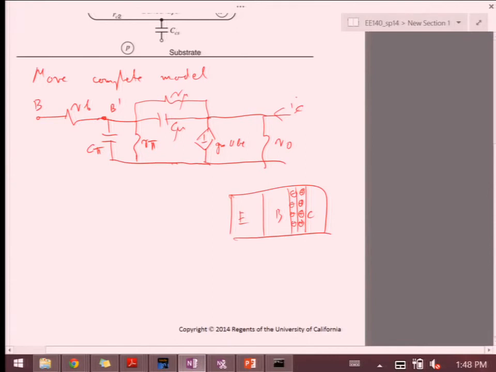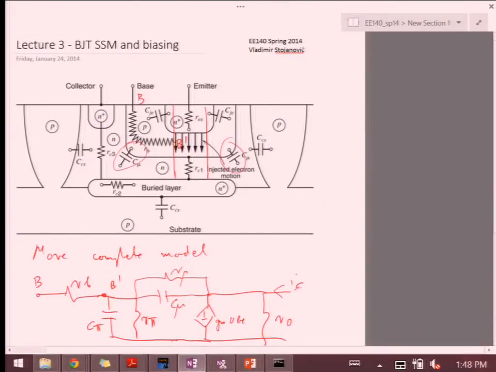That built-in depletion capacitor is really my parasitic capacitor between base and collector. Because of the geometry of the transistor, in this small region it's really small. But this whole sidewall is also biased, so that whole sidewall adds a lot of this base-collector capacitance, because my depletion region exists all around here.